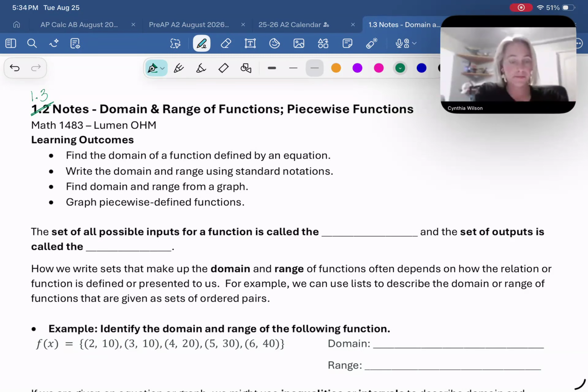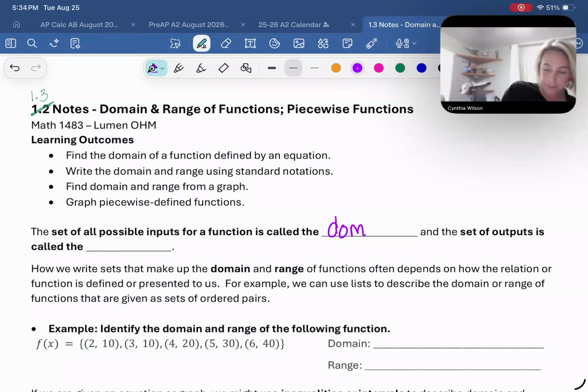Right. So the set of all possible inputs, this is called your domain. These are all of your x's. The set of all of your outputs, that's called the range.